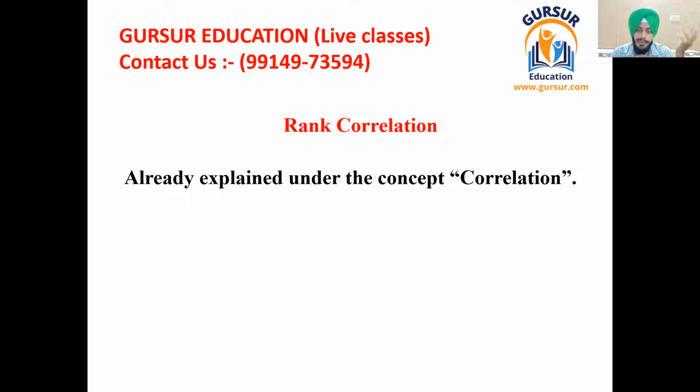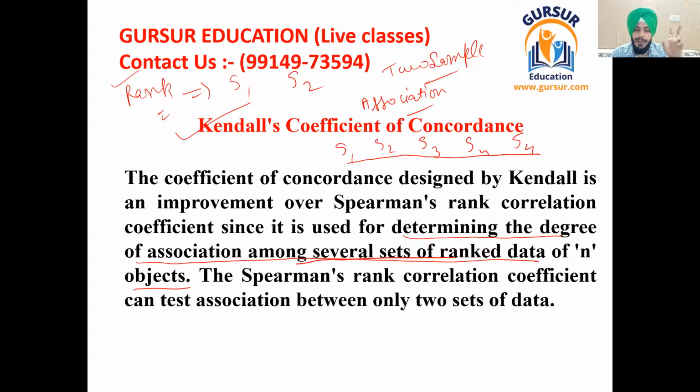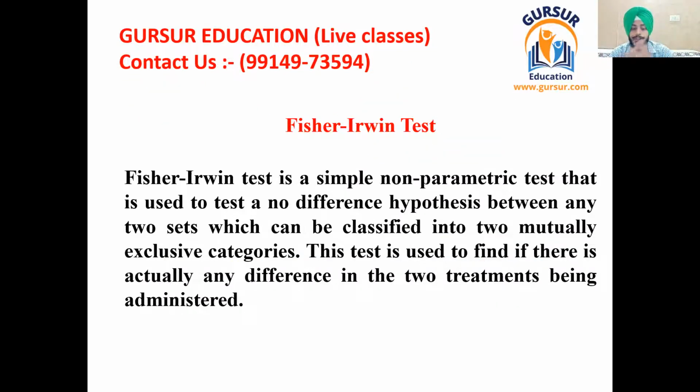The rank correlation test we studied in correlation. Then Kendall's coefficient, used for several sets of data in which rank correlation is not applicable. Then the Fisher-Irwin test, applied for two mutually exclusive categories.